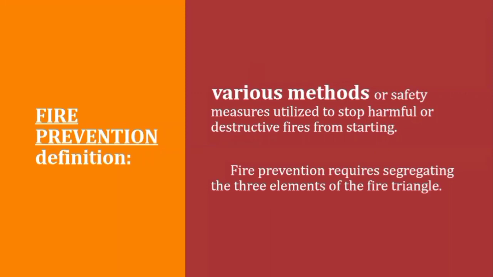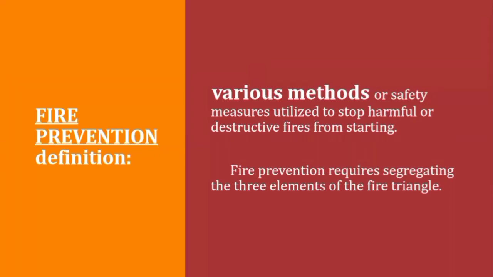But there are four elements, which include the chain reaction, because when you merge the three main elements, the heat, the oxygen, and the fuel, it will cause a chain reaction before a fire will begin.